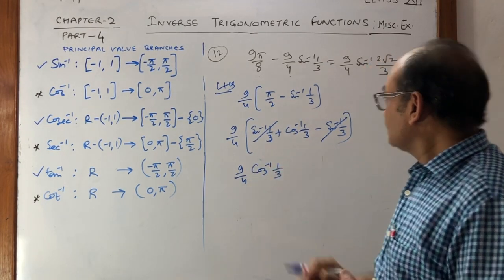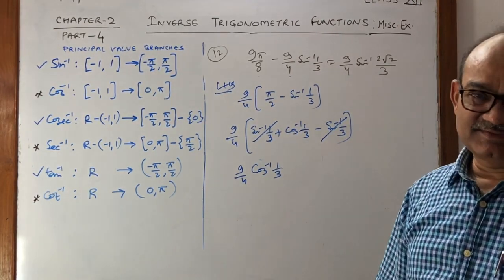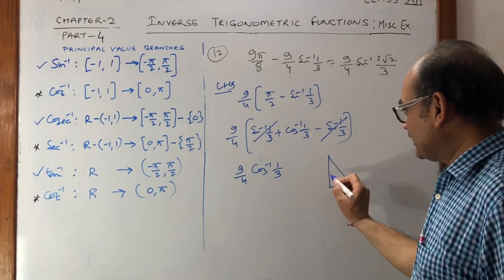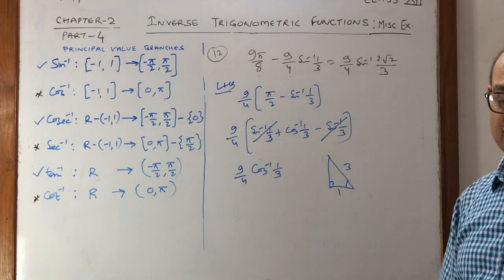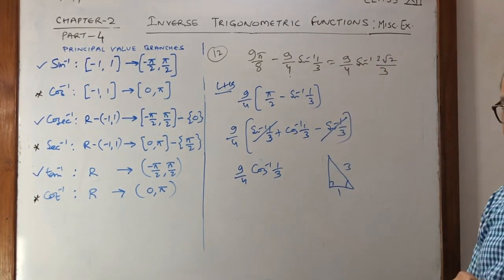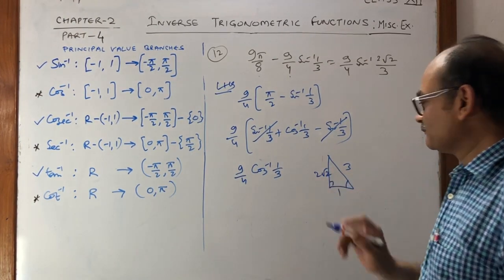But see, I want to write our result in sin inverse. So again, class 9th or 10th: 1 by 3, 1 is base, 3 is hypotenuse, 90 degrees is here. How do we convert cos inverse in terms of sin inverse? So 9 minus 1, 2 root 2.